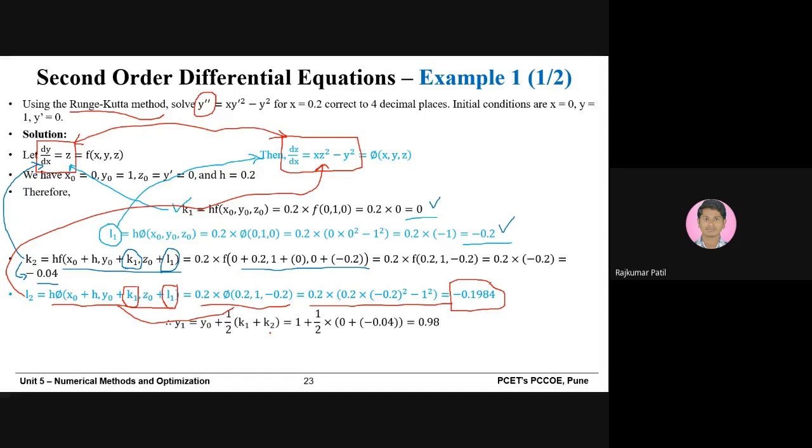So by using k1 and k2, you can calculate y1 as y0 plus 1 by 2 (k1 plus k2), so it is 0.98. And by using the values of L1 and L2, you can calculate z1, which is equal to z0 plus 1 by 2 (L1 plus L2), and upon simplifying you will get z1 as minus 0.1992.